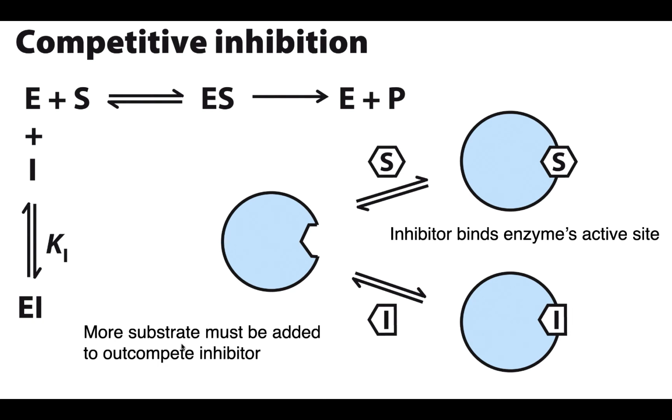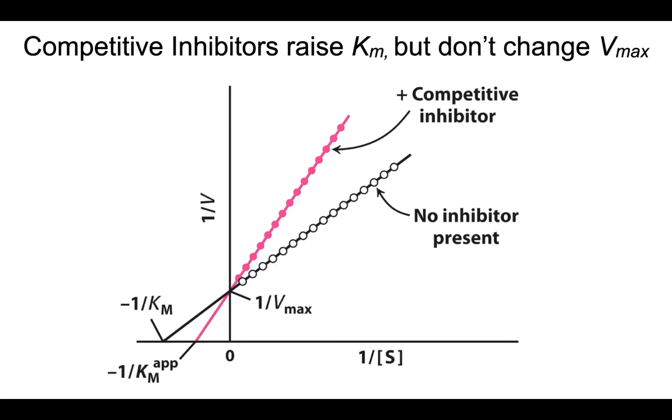And because we would have to add more and more substrate to do that, we're going to end up increasing our Km. Remember, our Km is the substrate concentration at which half of the enzymes are saturated. And so now we're going to have to add more substrate, and therefore we're going to increase the Km. The maximal velocity, however, will be the same. Okay, so let's take a look at that.